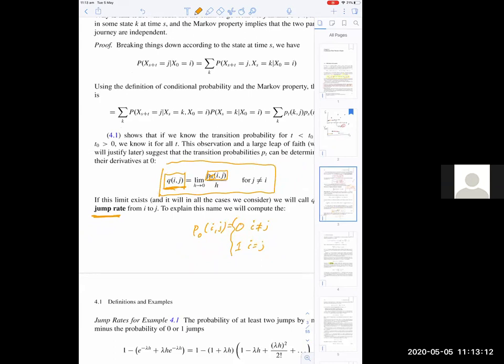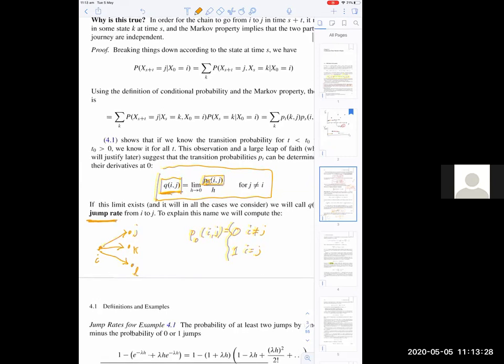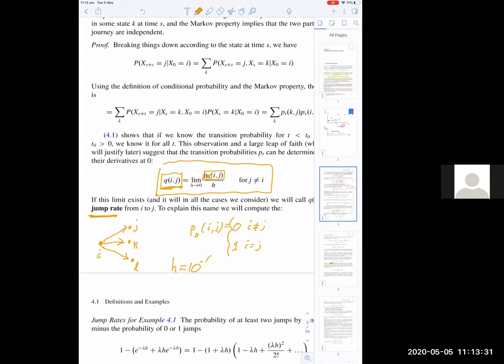The way to view a rate pictorially is to think of being in state i, where you can go to state j, state k, or state l. You've got these three alternative states. At any micro instance of duration h, where h is a very small number like 10 to the minus 6, something you're going to take to 0 in the limit, with probability q_ij times h you'll make a transition i to j.